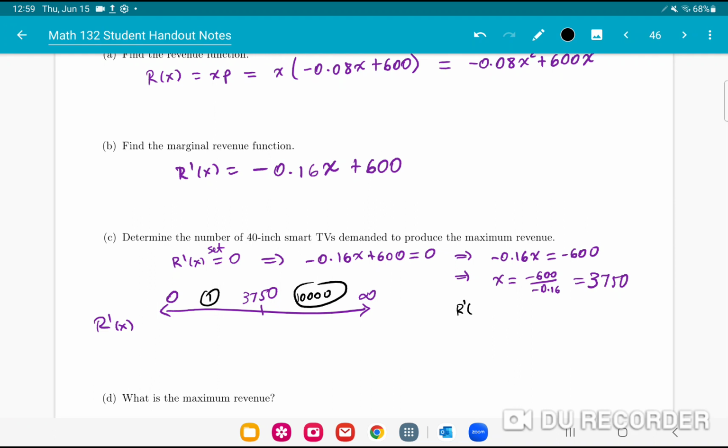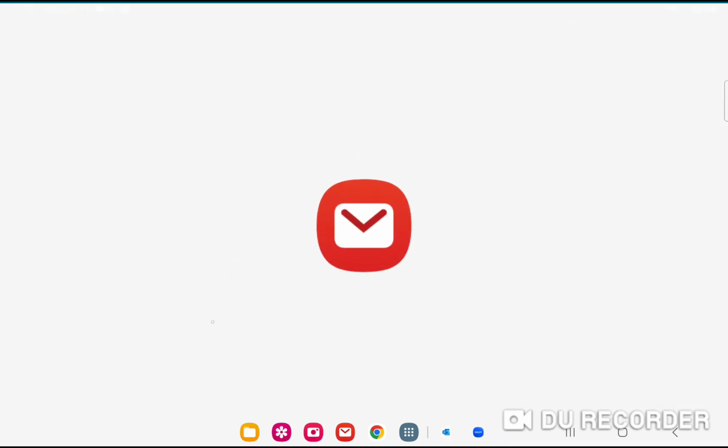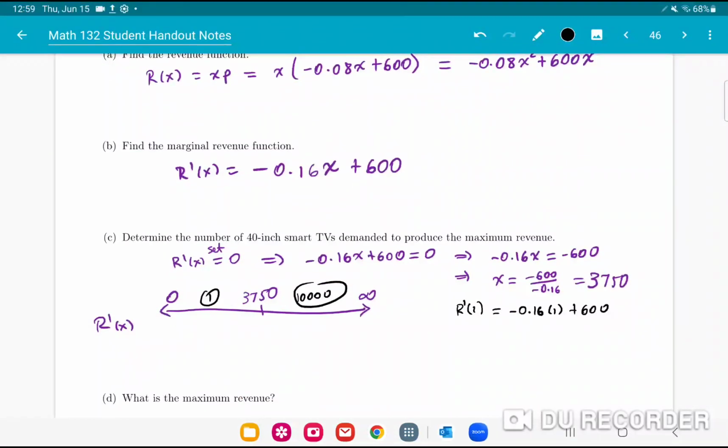R prime of 1 is negative 0.16 times 1 plus 600. That's positive because this is a tiny number. And r prime of 10,000 is negative 0.16 times 10,000 plus 600, which is negative 1,600 plus 600.